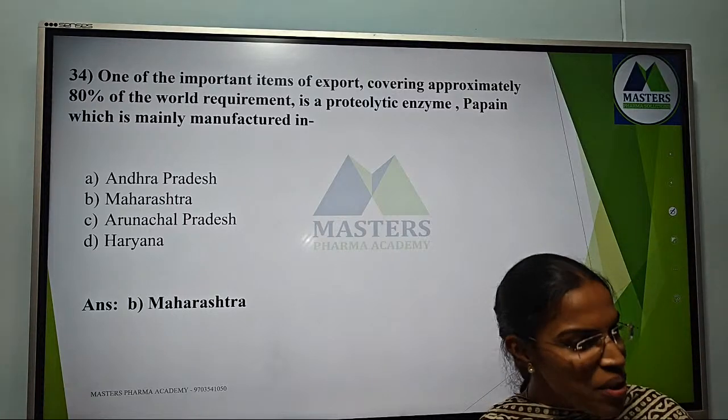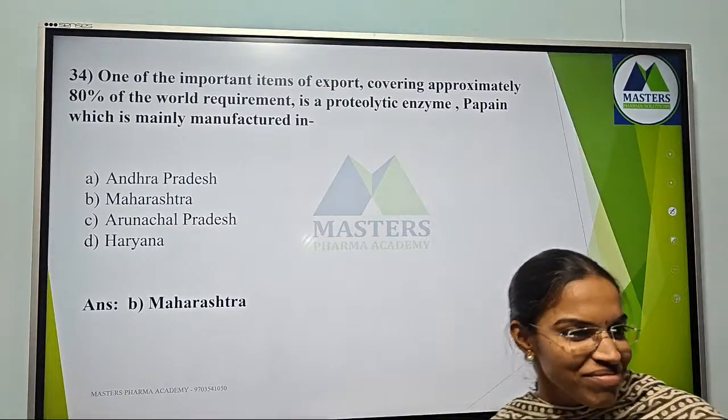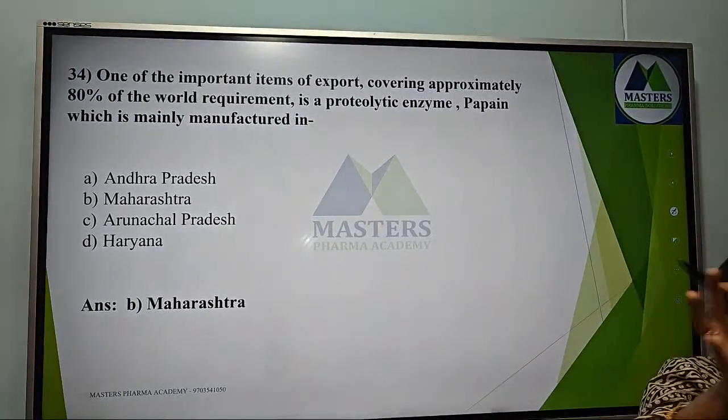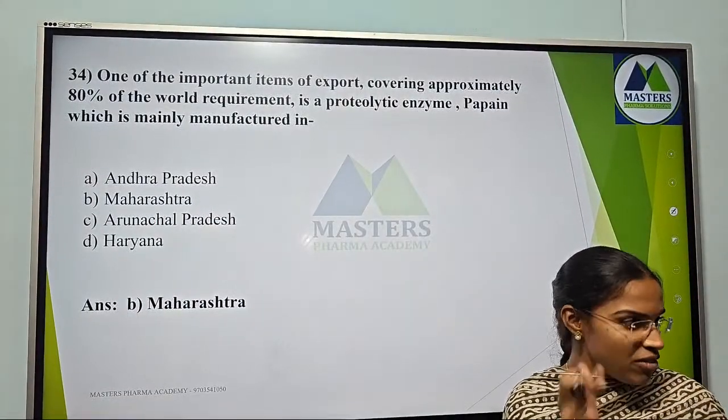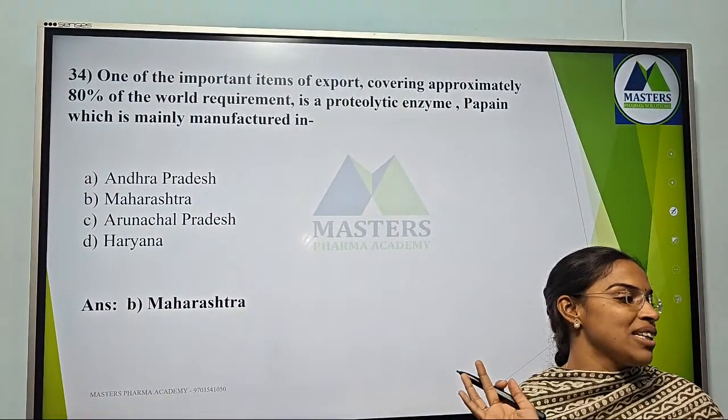Papain is obtained from Carica papaya. Papaver somniferum gives opium, which is a completely different section. Don't get confused between the names.